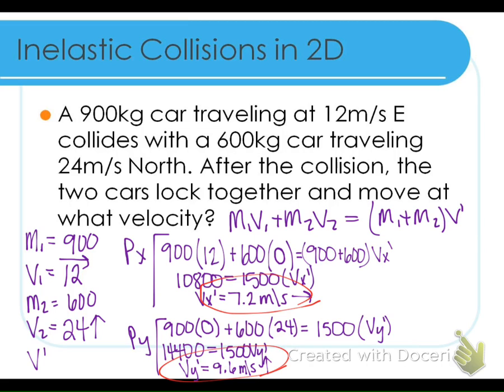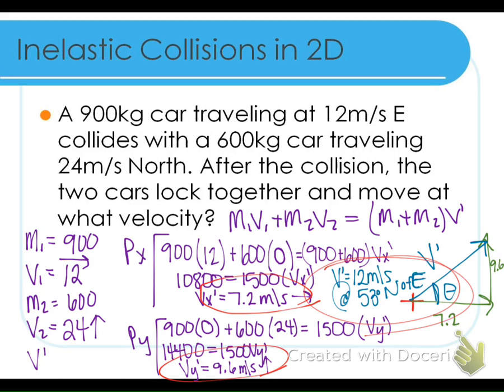Now we can build our new triangle, add these components tail to tip, and build our new resultant vector. Okay, so 12 meters per second at 53 degrees north of east.